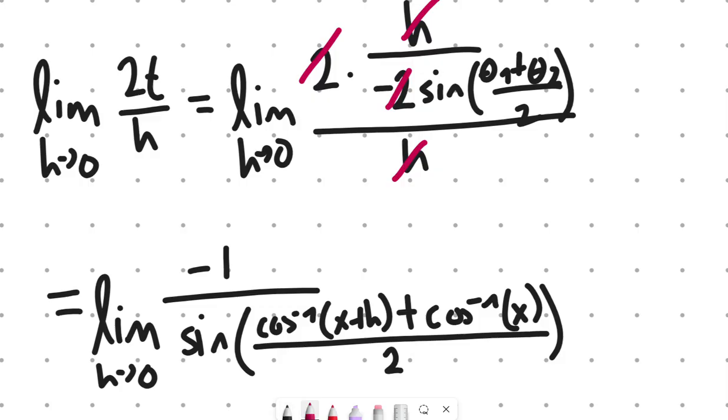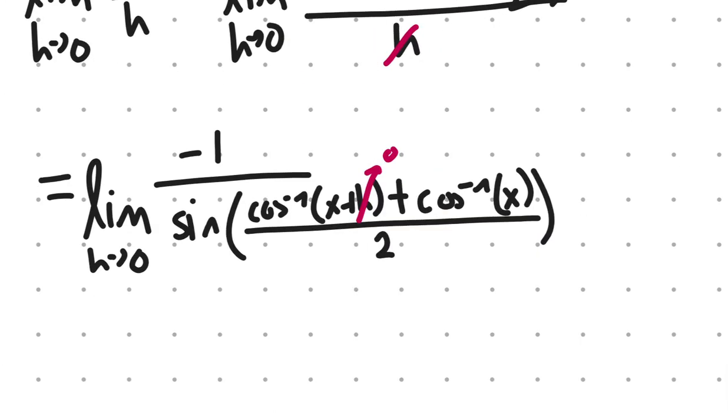Now, if h approaches 0, this approaches inverse cosine of x, and we have 2 of them. So we say 2 inverse cosine x over 2. So the 2's will cancel out.